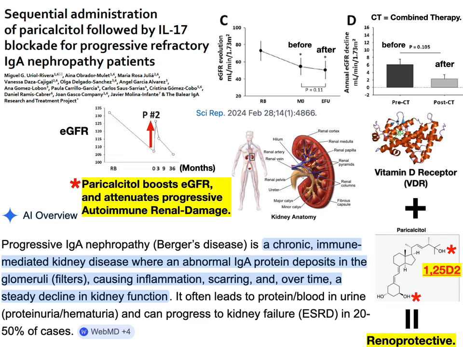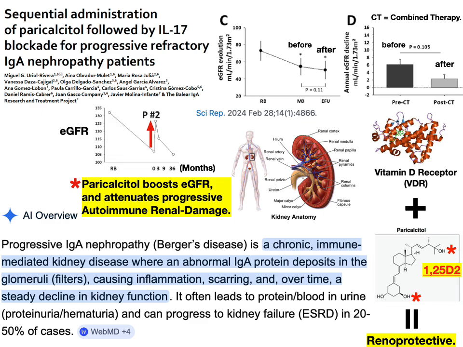They're utilizing a monoclonal antibody to neutralize the activity of interleukin-17 in these IgA autoimmune nephropathy patients. The key takeaway from this paper is that paricalcitol is able to boost the estimated glomerular filtration rate, eGFR, in a number of these patients. And it also attenuates progressive autoimmune renal damage.